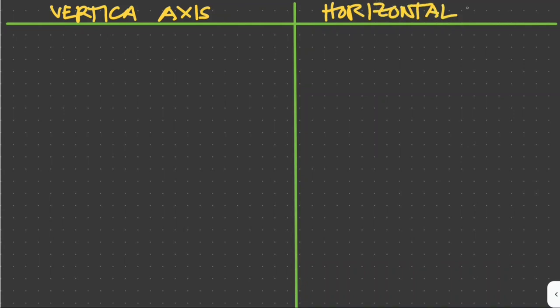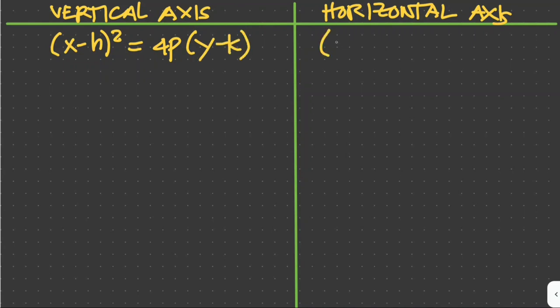The equation for vertical axis, that is x minus h squared, which I previously discussed a while ago, equals 4p times y minus k, and for the horizontal, that is y minus k squared equals 4p times x minus h.